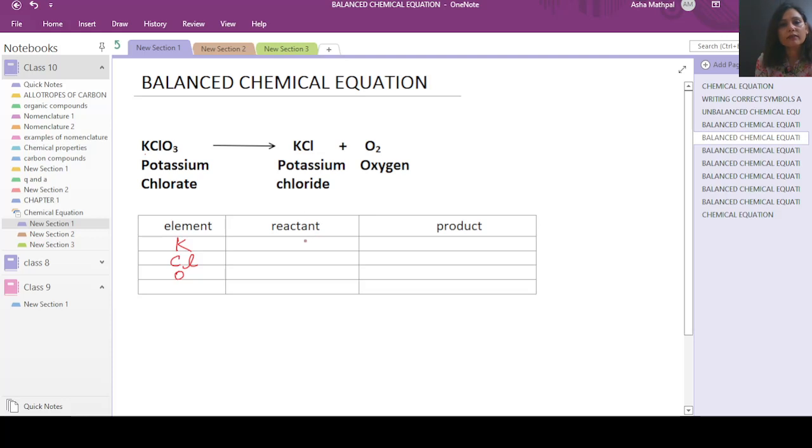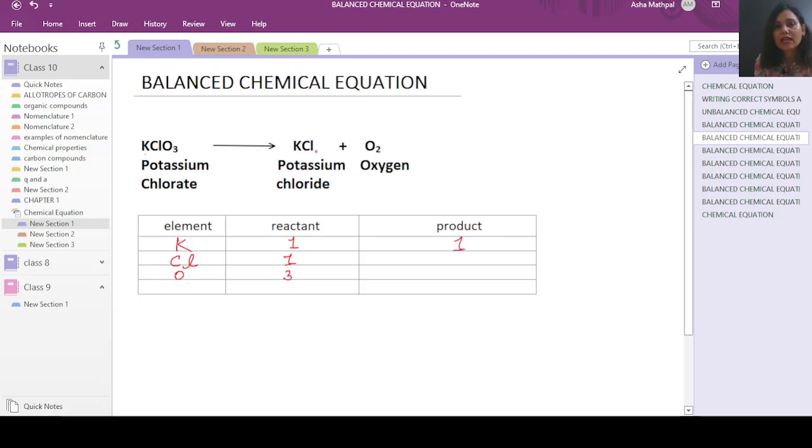So in the reactant, count the number of atoms. At the foot of K nothing is mentioned, so it is 1. At the foot of Cl nothing is mentioned, so it is 1. At the foot of O, 3 is mentioned, so it is 3. Now coming to the product side, nothing is written at the foot of K, so it is 1.